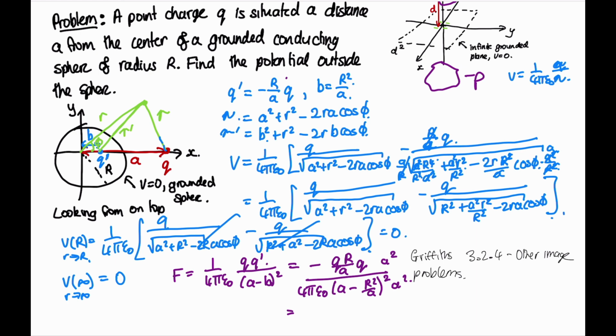Then on the top, we end up with minus q squared R a. And on the bottom, we've got 4 pi epsilon naught, and I'm going to put this a squared inside these brackets, and the brackets are squared. So when I put it in, it's like multiplying both terms in there by a. So this will be a squared minus R squared, squared. And so I've got a nice simple expression now for the force on this particle here due to this non-conducting grounded sphere.